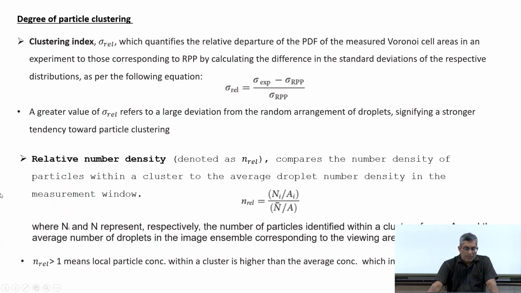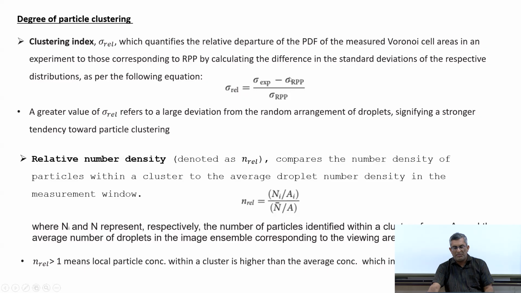Then apart from this, we can also calculate the degree of particle clustering. So we want to know how strong is the clustering effect. In that case, we can calculate the clustering index. The clustering index is again the normalized difference of the standard deviation between the two PDFs.